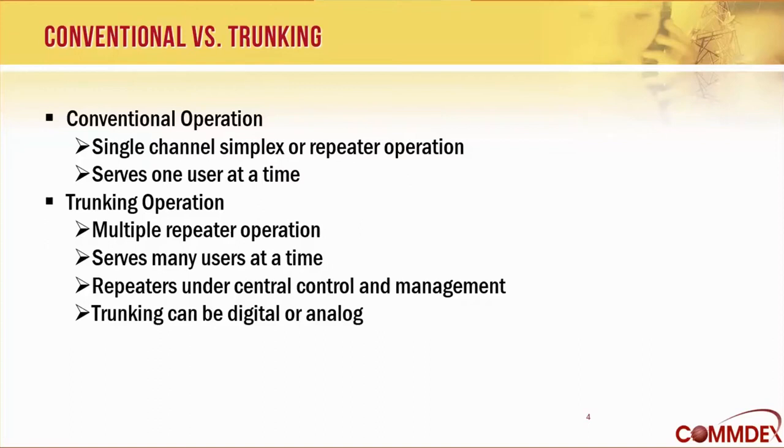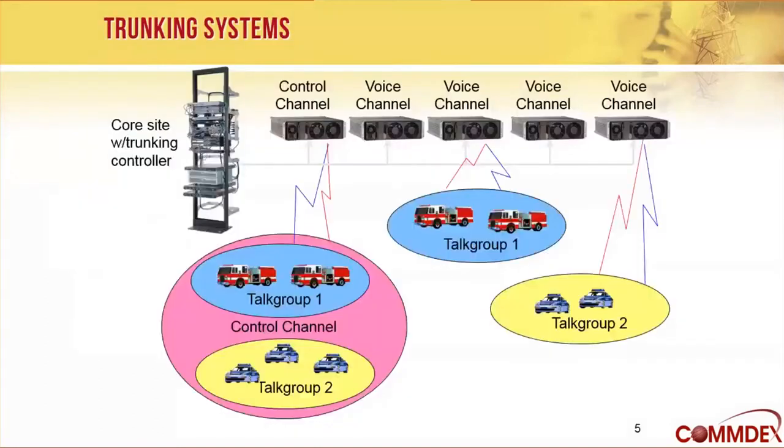Trunking is an access method, and so it can be digital or analog. The original trunking systems were in fact analog trunking systems. But here's what they all have in common, whether they be digital or analog. You have a group of repeaters under the control of a trunking controller, which today is basically a server.